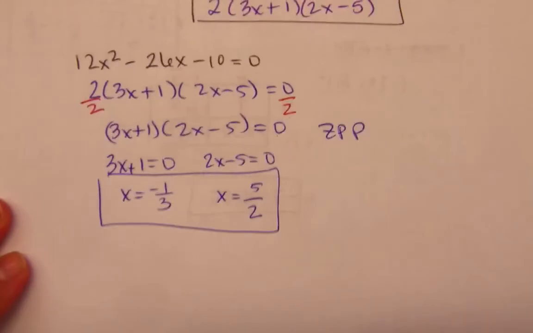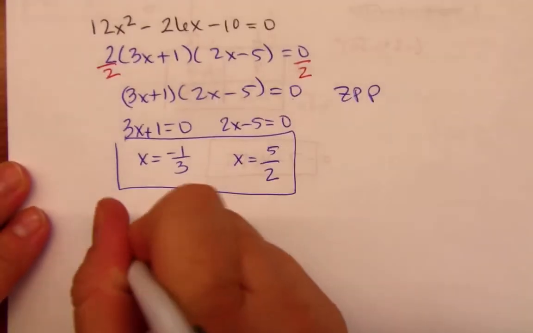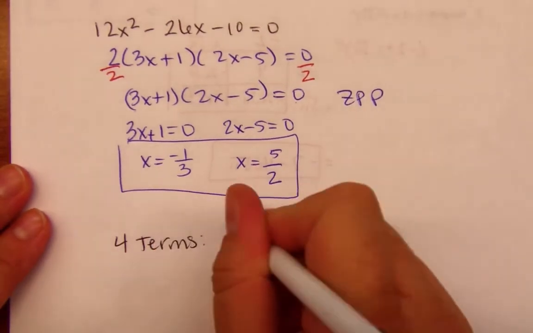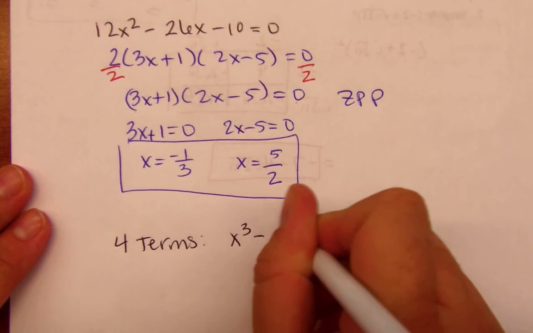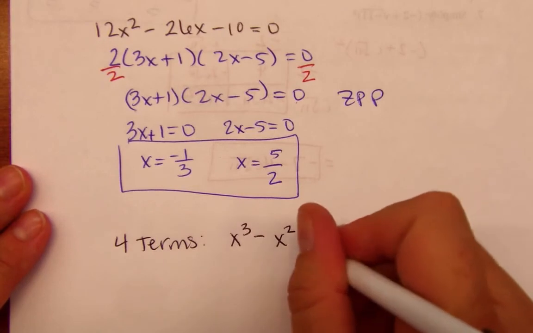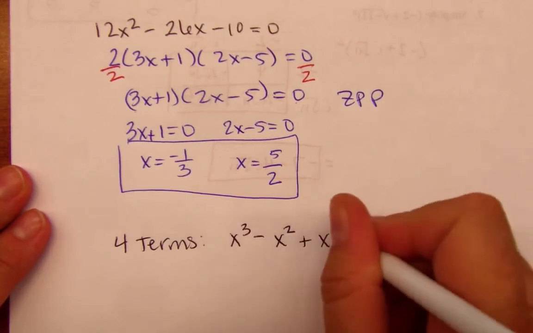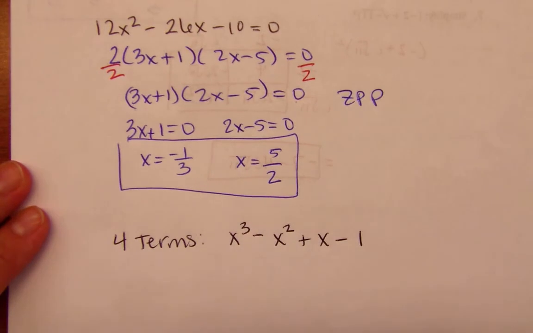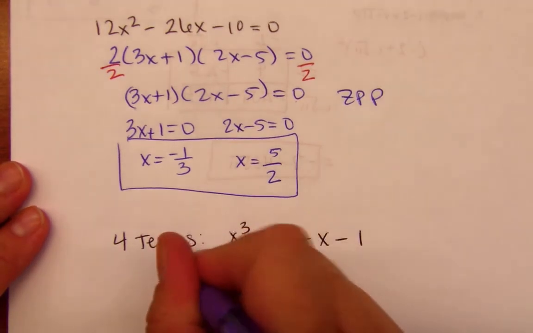Now when we're factoring in general, if we have 4 terms, so maybe something like x cubed minus x squared plus x minus 1, the first thing we want to think is factoring by grouping.